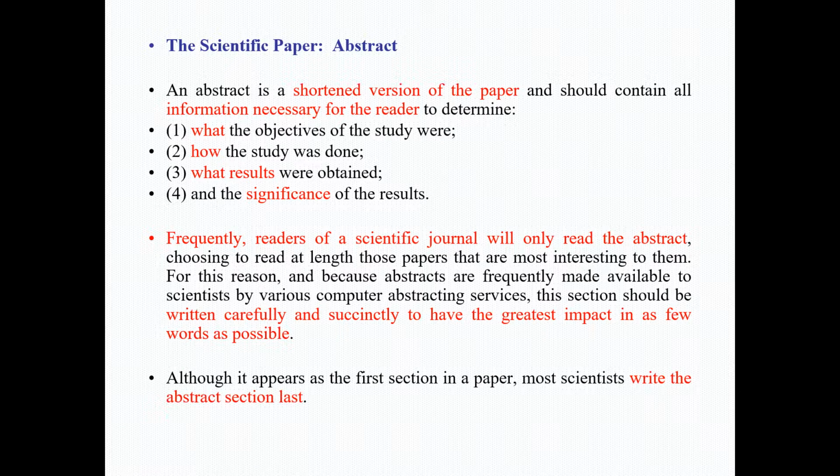Although it is the first section in a paper, most scientists write the abstract last, because they want the important information available at their fingertips. This is the point where the reader decides whether he should go inside the manuscript or not. This is why this section should be very carefully written.